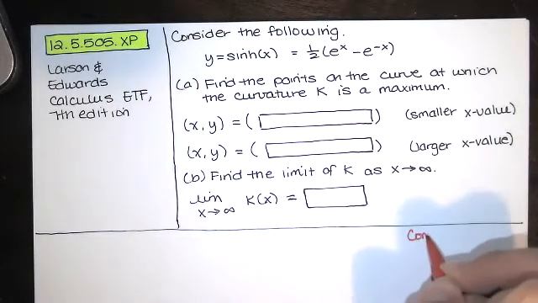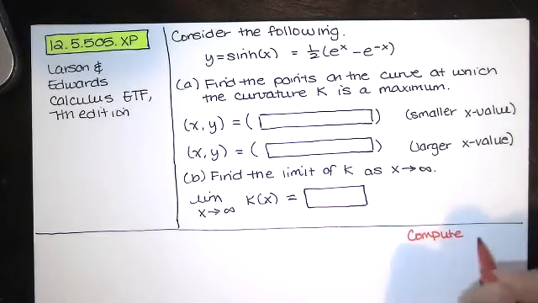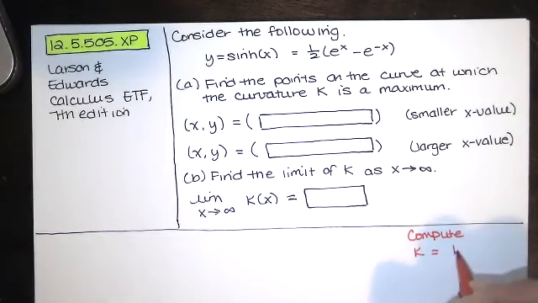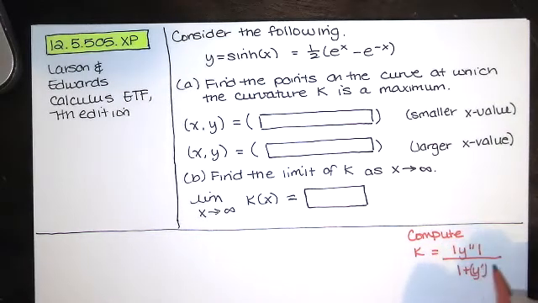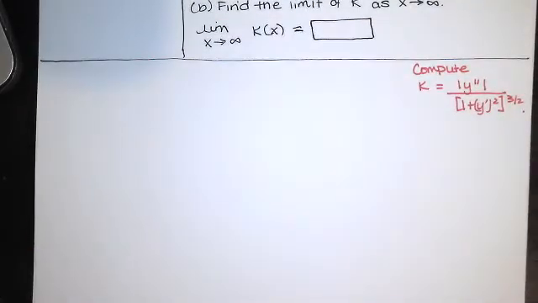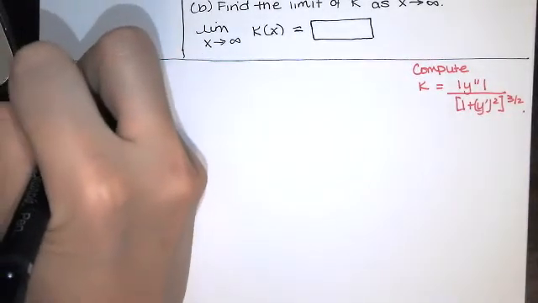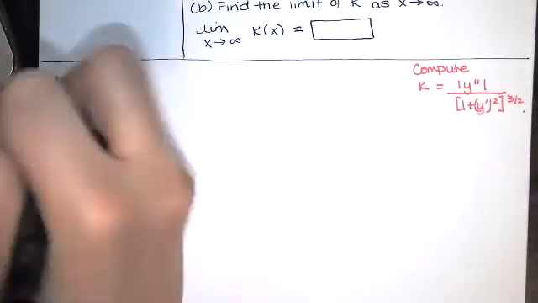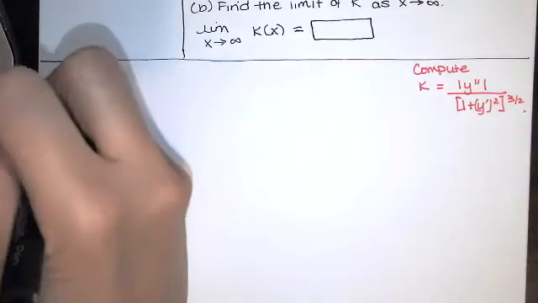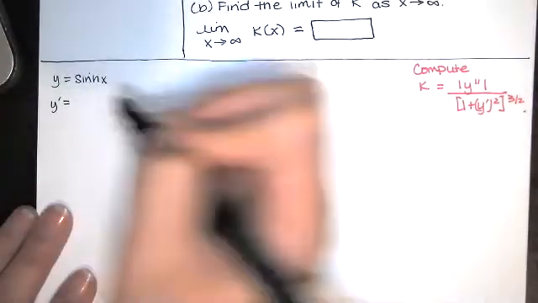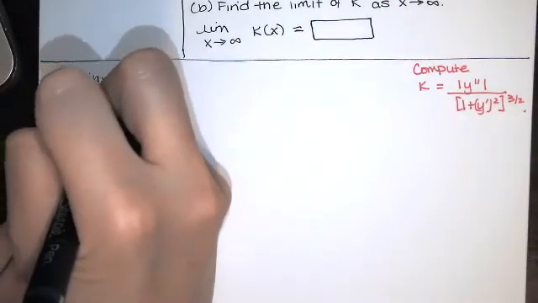So we compute curvature using that formula. And it's pretty simple. You just compute the first and second derivative of the hyperbolic sine function. The derivative of hyperbolic sine is hyperbolic cosine of x.